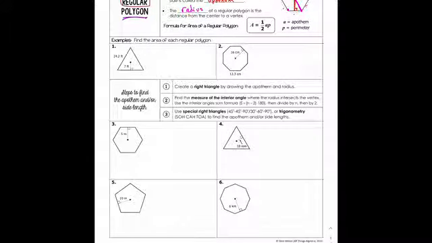Now, to be able to find the area of a regular polygon, we find half of the apothem times the perimeter, which is pretty cool. What we're basically doing is finding the area of all these triangles and adding them together.